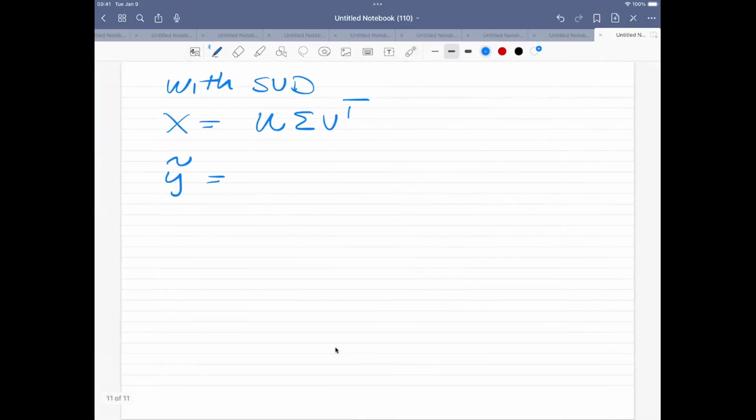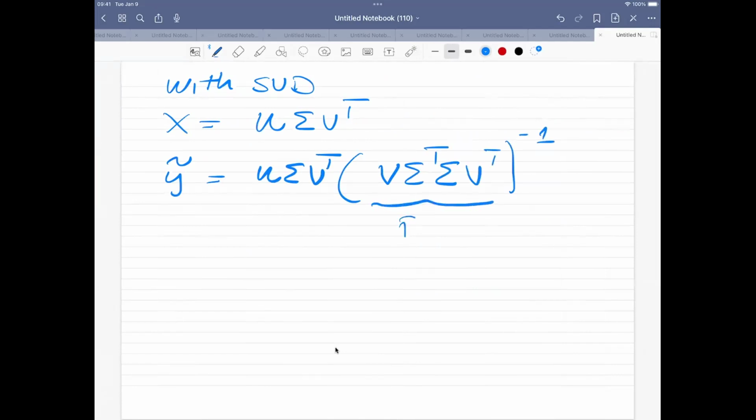So I would get U times sigma times V transpose, and then I have this quantity which I have to invert, which we found before the break, which is (V sigma transpose sigma V transpose) to the power of -1. And this is a p times p matrix. And then I have this one multiplied with V times sigma transpose times U transpose multiplied with y.